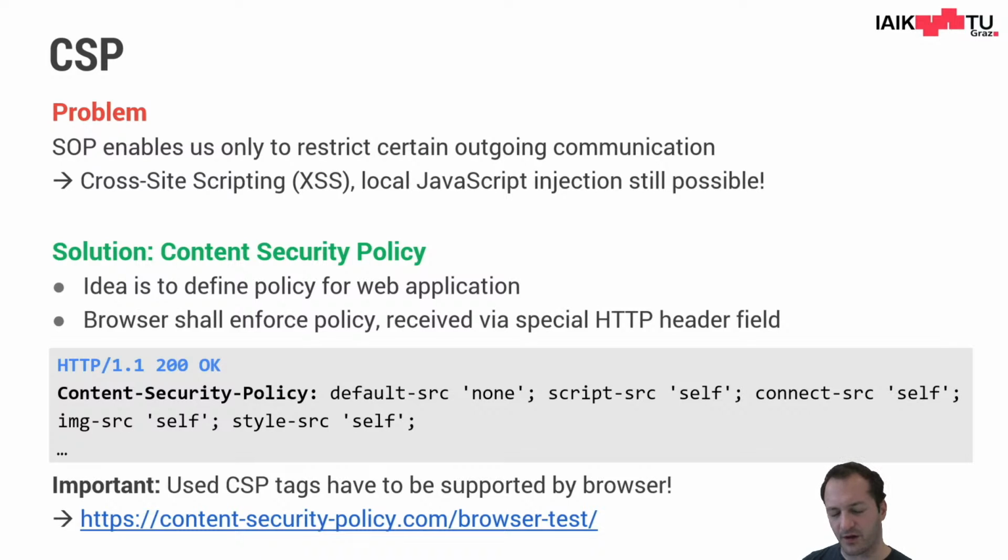So the CSP even goes beyond the same origin policy, because what I told you just some slides ago is that the same origin policy would never look at images, it would never look at style sheets, because they are not deemed security relevant.